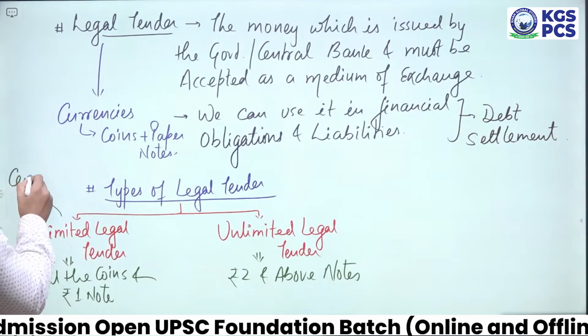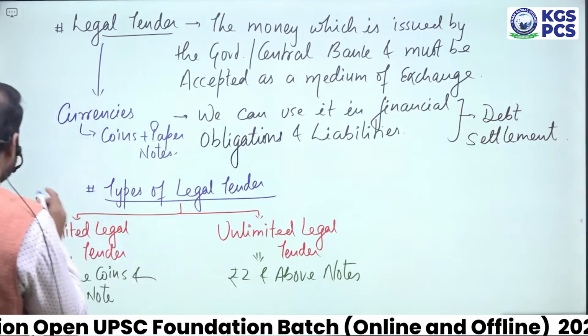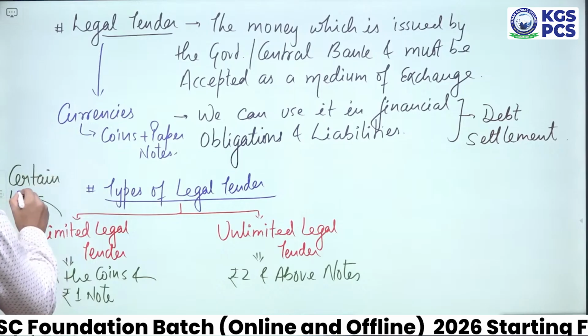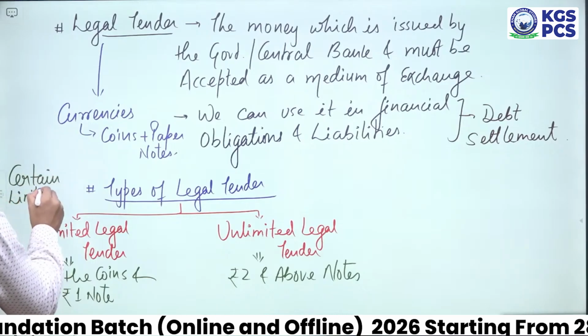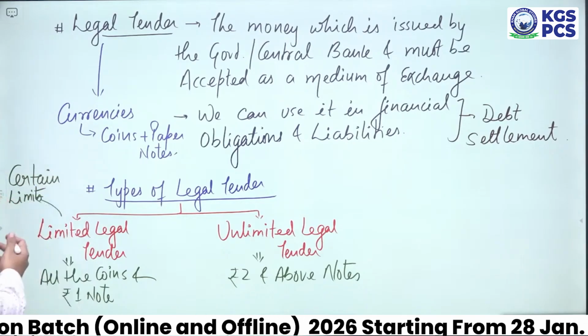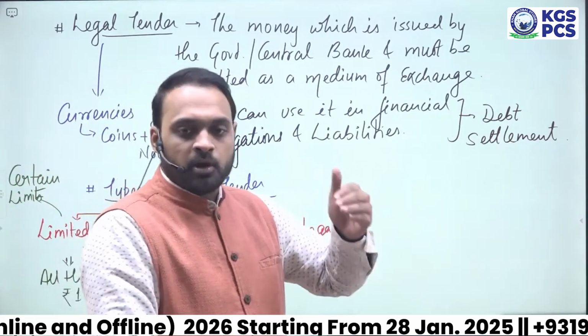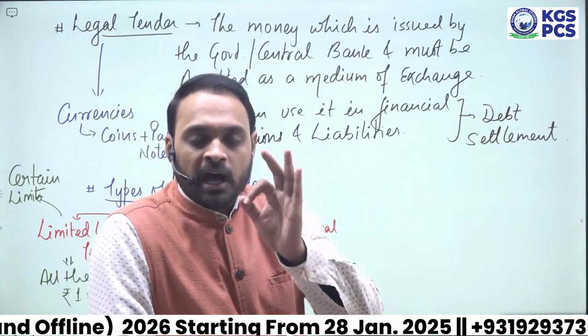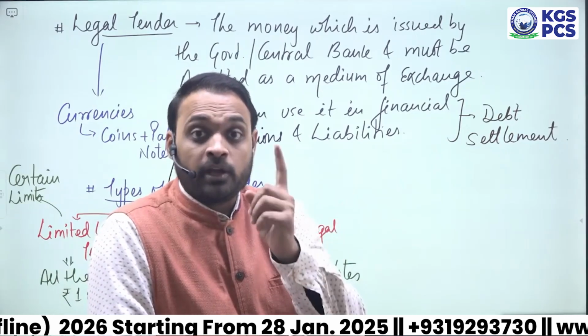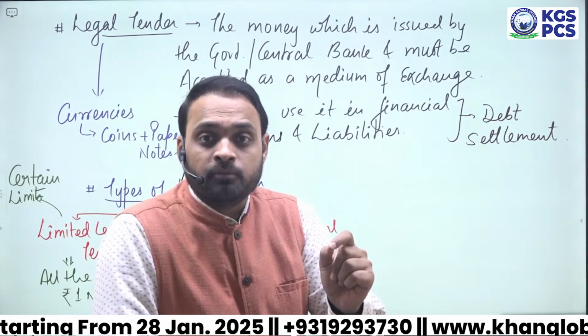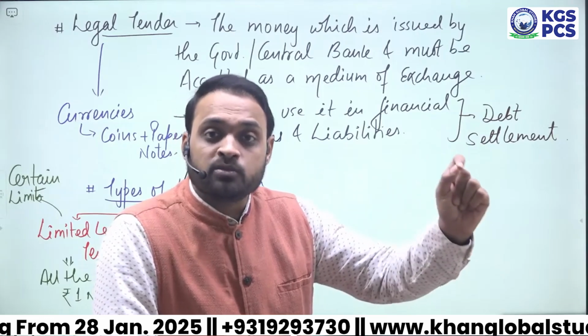So what are the limits? If you visit the market and ask for any commodity, then with coins you can only buy a commodity whose value is up to rupees 1000.